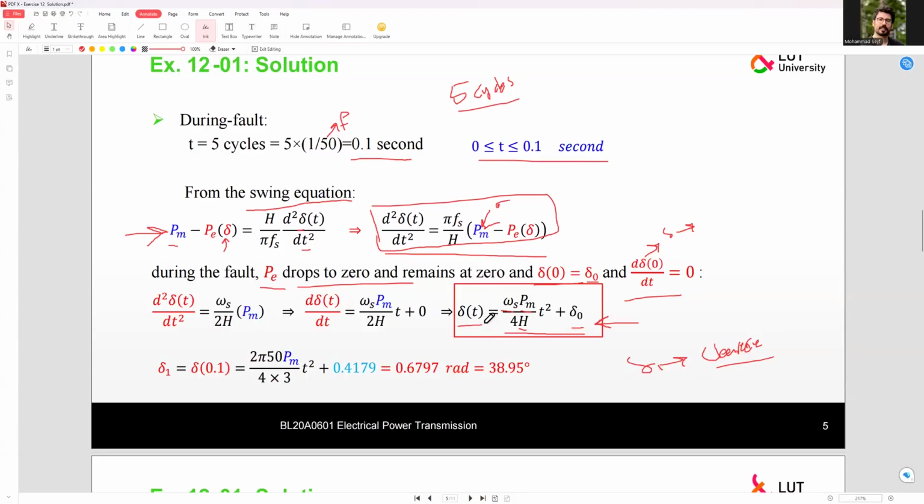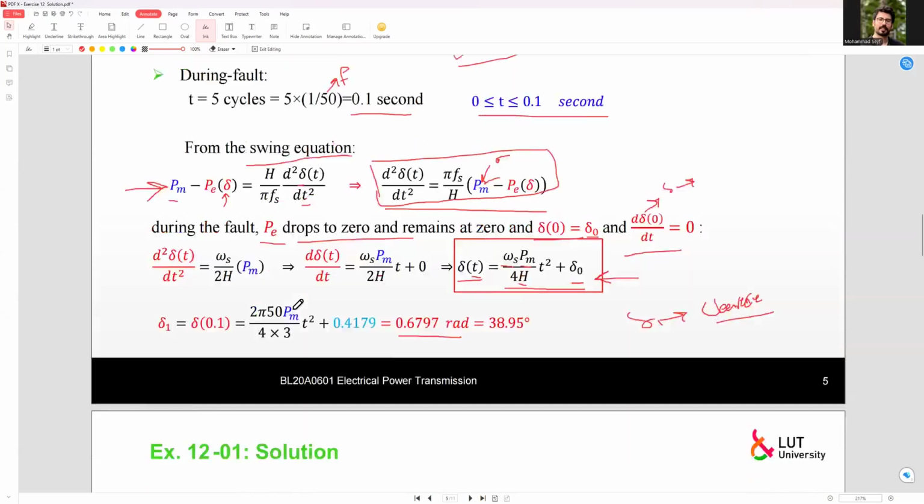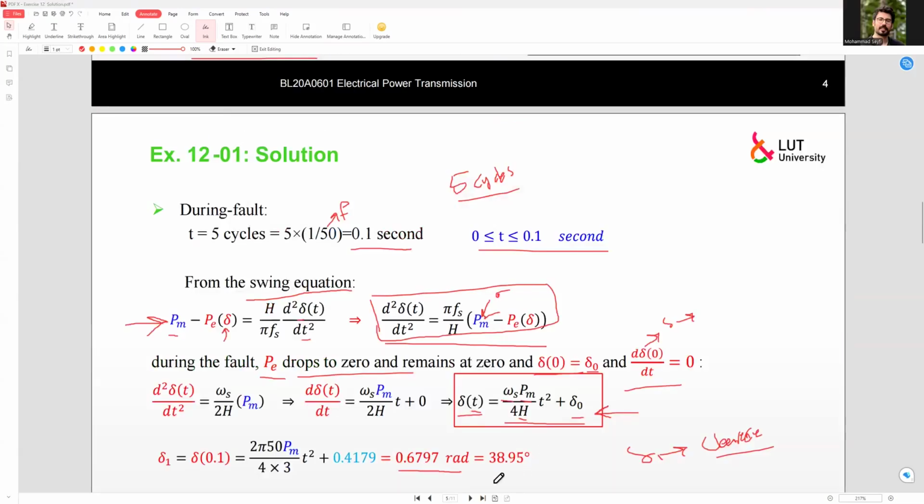And by putting t equal to 0.1 in this equation, we can calculate delta 1 equal to 0.6797 radian. It represents the moment that we clear the fault and its related delta.